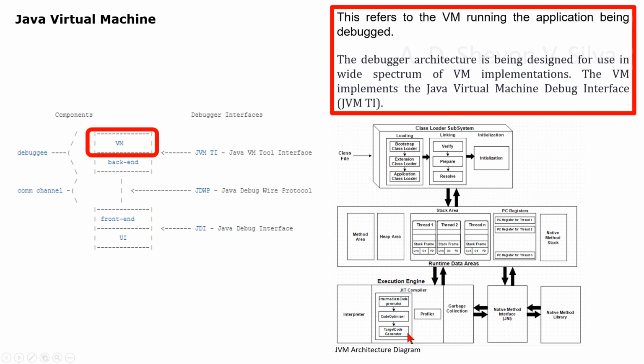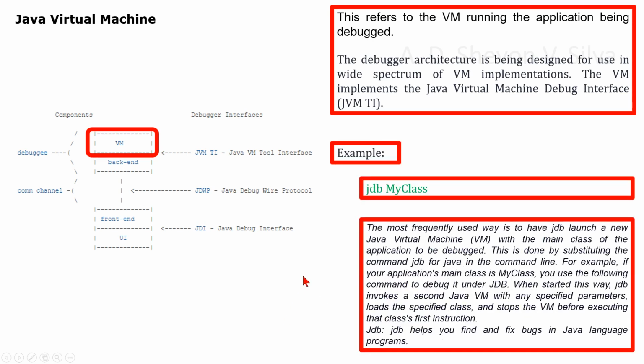Code optimizer is connected to target code generator. Execution engine interacts with native method interface. Runtime data areas are interacting with native method interface. Native method interface interacts with native method library. As an example, we can consider this one, jdb MyClass.